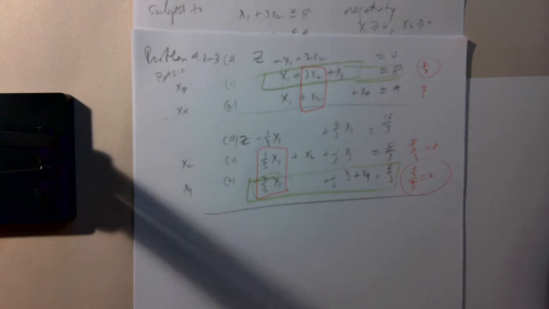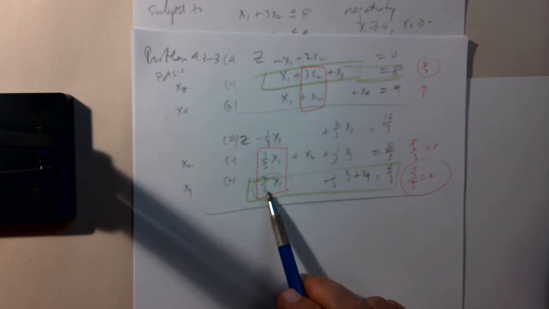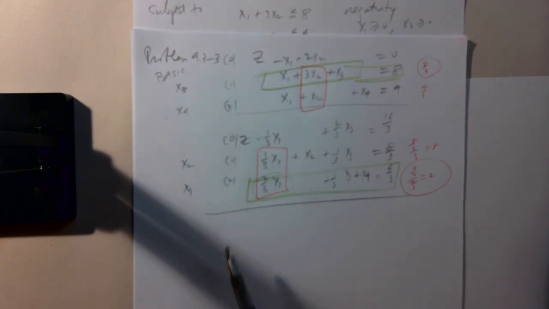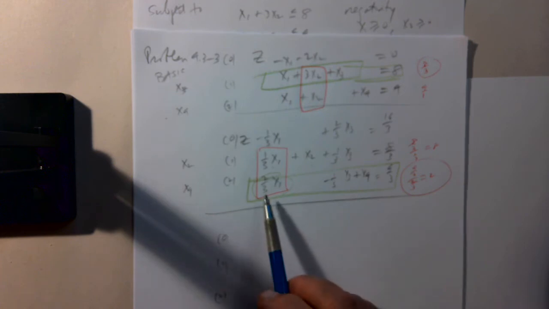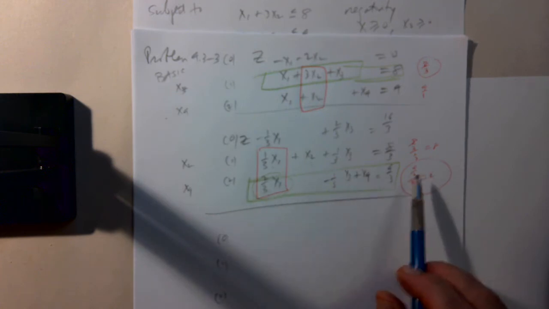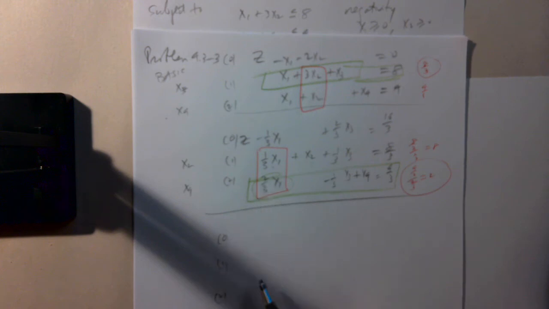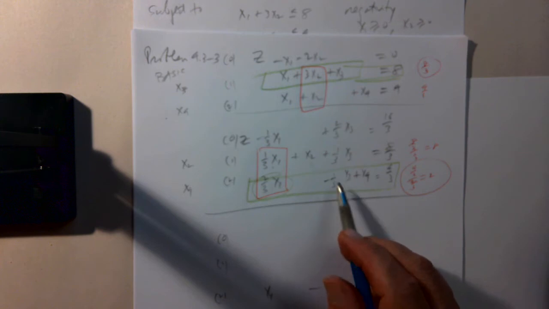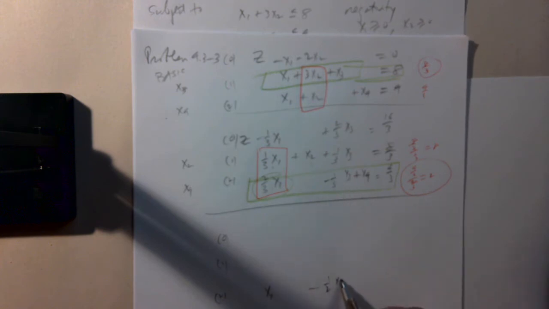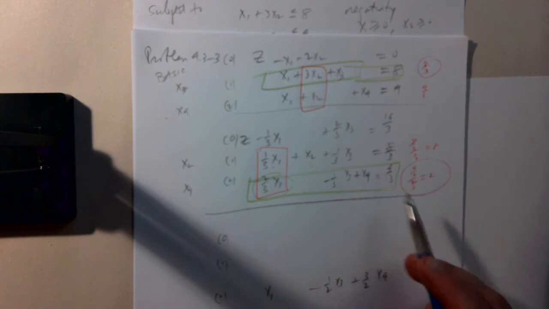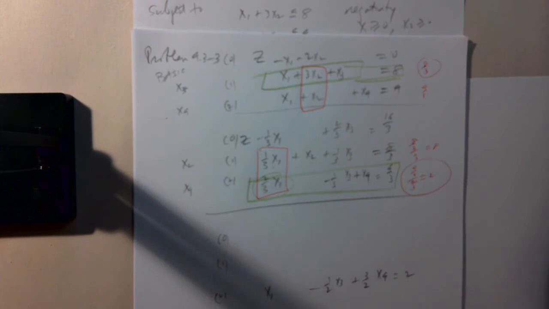So I want this to be a 1 and these to be zeros. So in this row, I multiply it by 3/2. 3/2 times 2/3 is 1. Minus 3/2 times 1/3 is minus 1/2 x3. Plus 3/2 times x4. And 3/2 times 4/3 is 2.